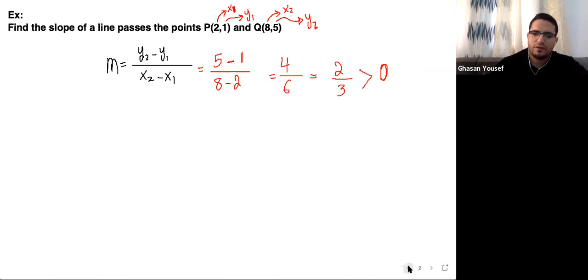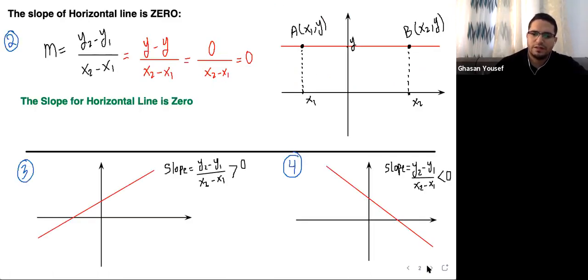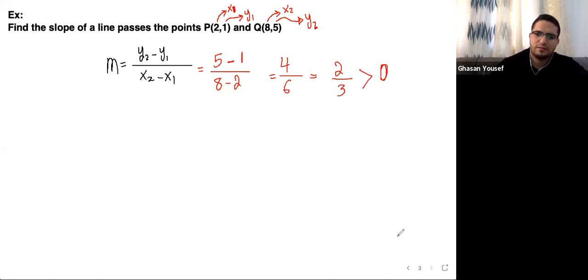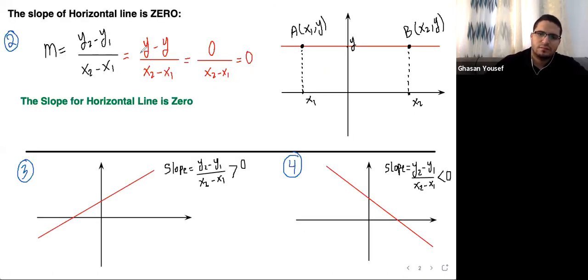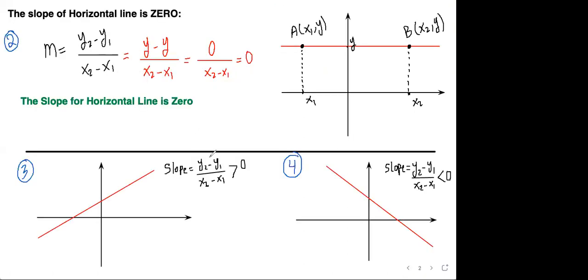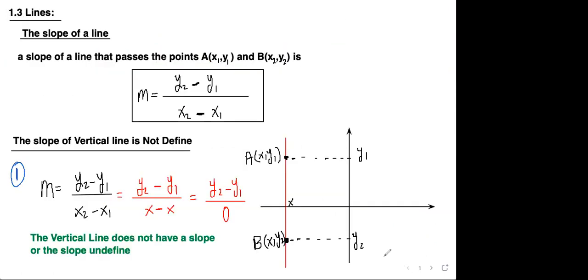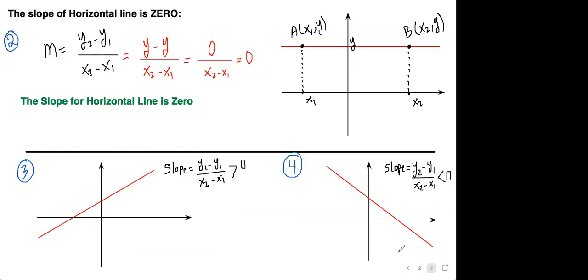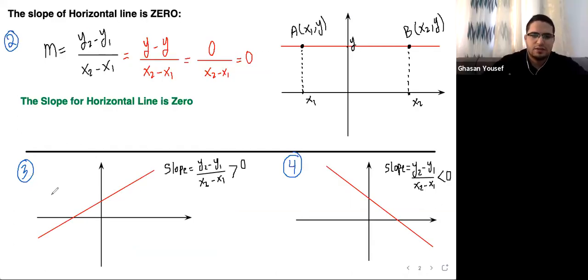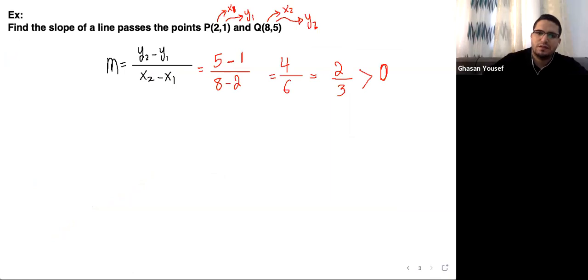Which of 1 to 4 represents this line? It's going to be a positive slope, so it goes from the left side down towards the right side up. Yes, number 3. So the line is going to look like this.